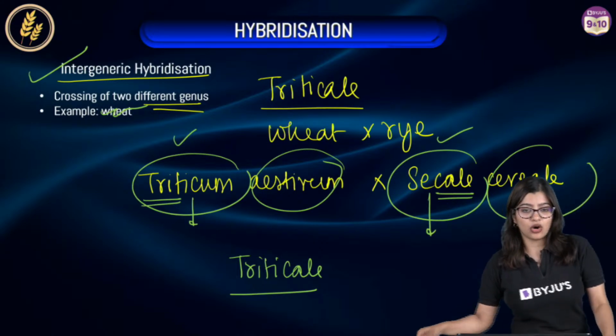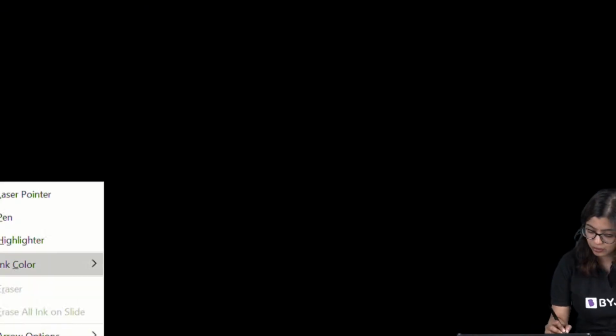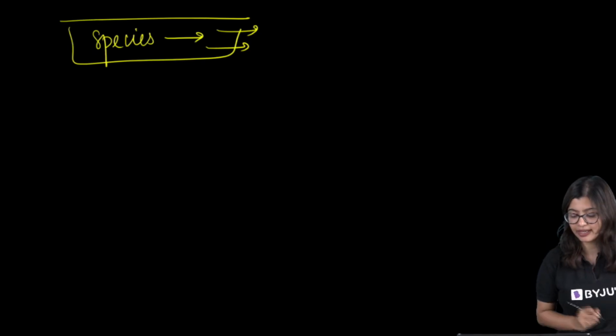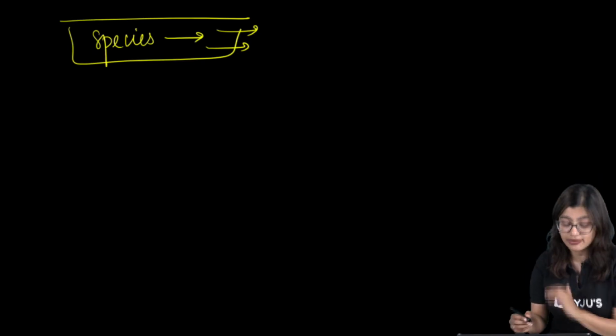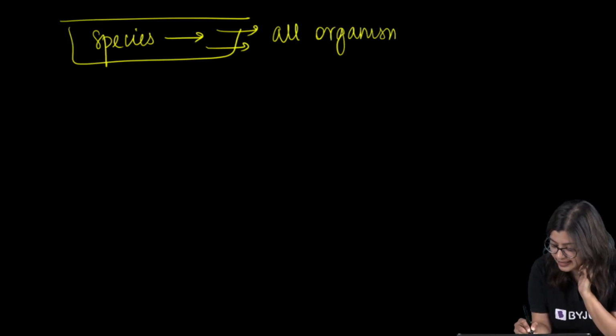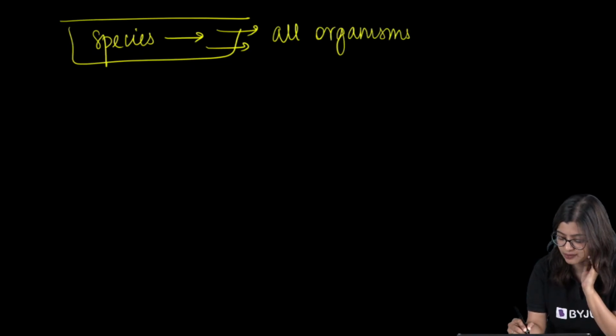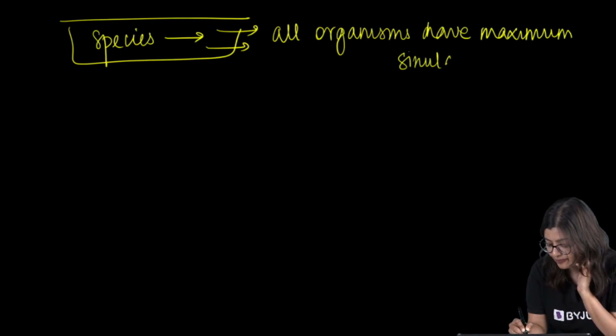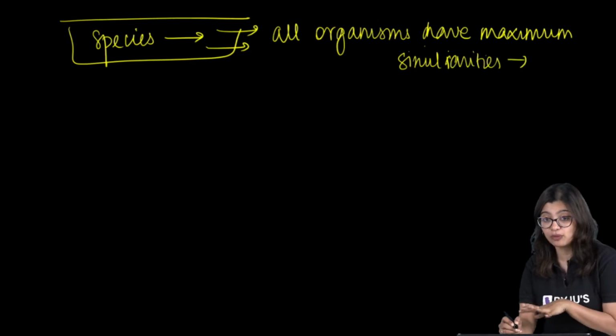Yes? Okay. Now, quickly to recall, see, I told you that species is a level, right? So species is a level at which we observe a group where all organisms have maximum similarities but not completely. And what do we observe?